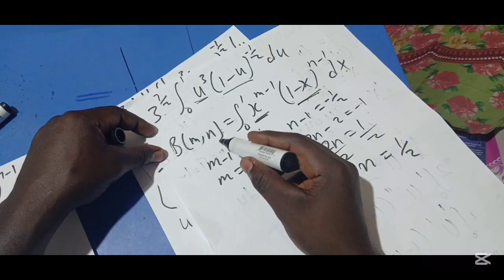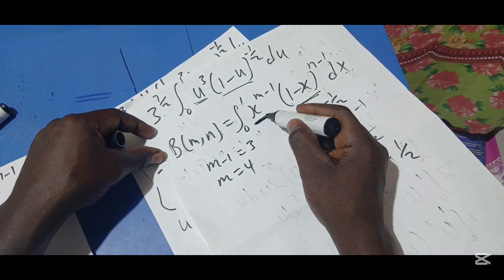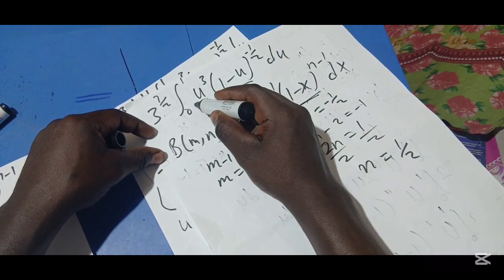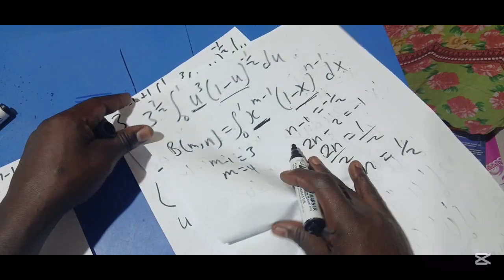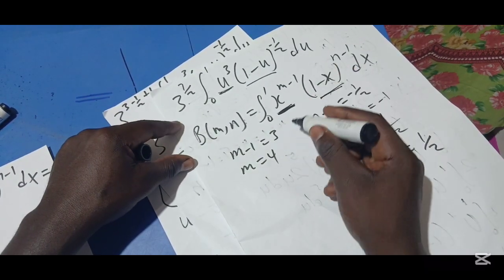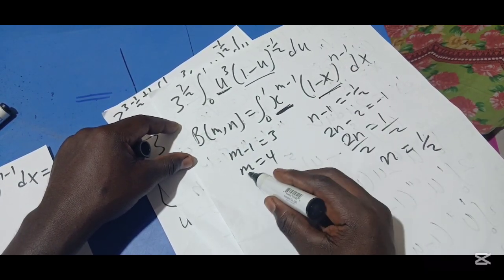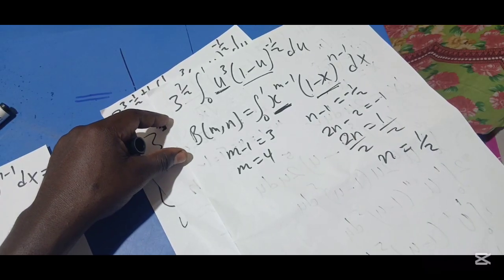So now m here, we equate the powers of this term, u to the power 3 and x to the power m minus 1. So m minus 1 equal 3, solving for m gives us 4.